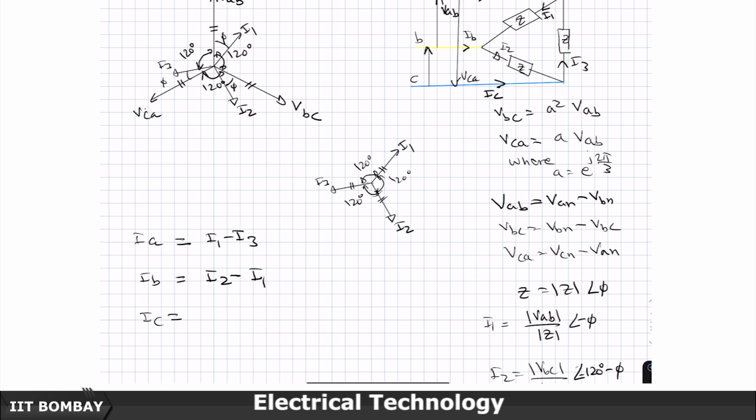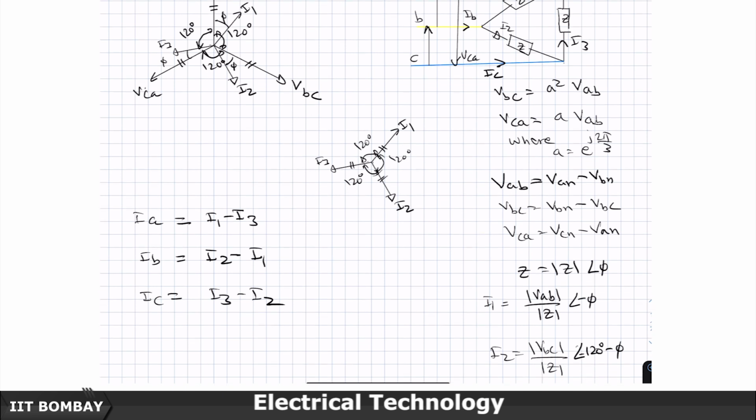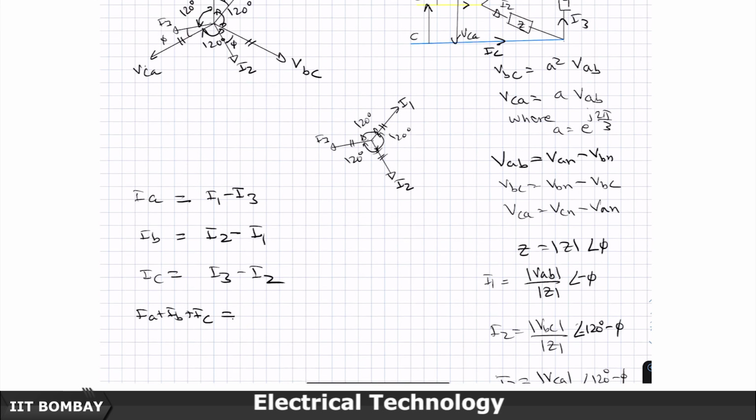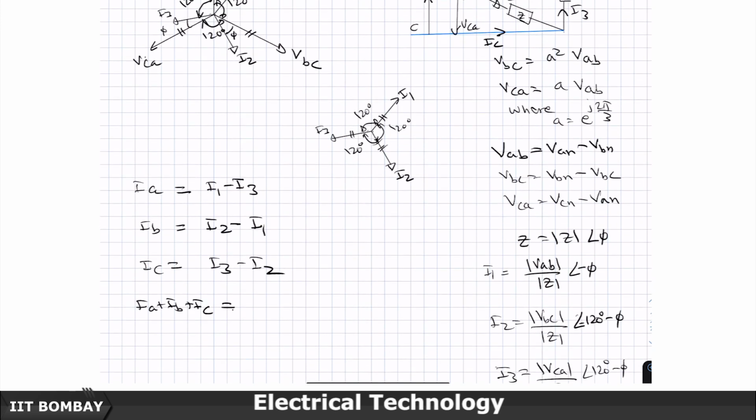So, it is going to be equal to I3 minus I2. Interestingly, if I sum IA plus IB plus IC in a delta circuit, what is it that I am going to get? This I2 will cancel, this I1 will cancel, this I3 will cancel, and I will get this to be 0.